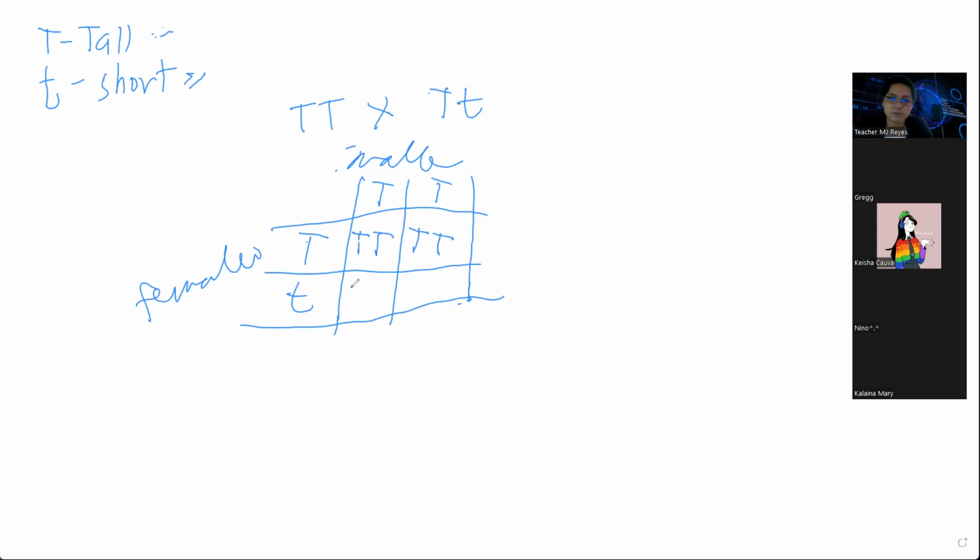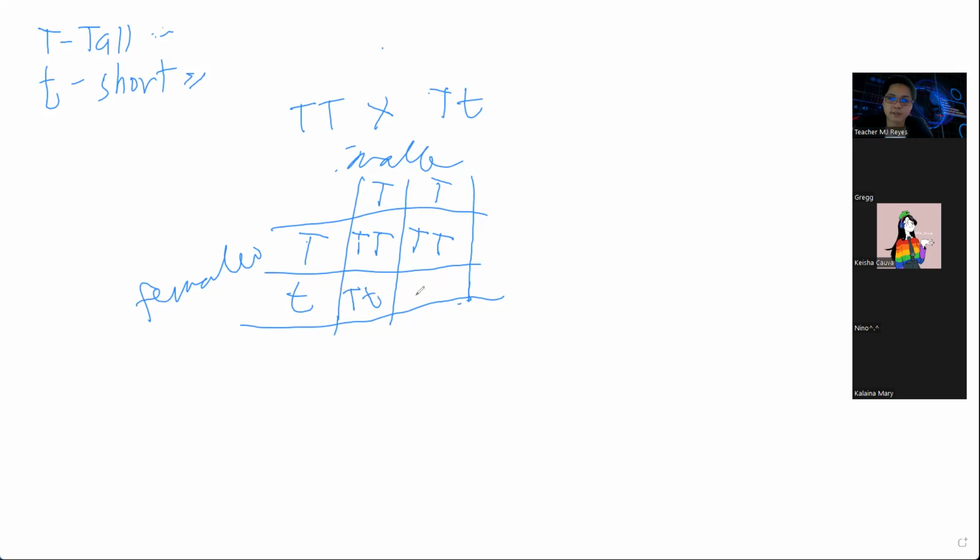How about in the next box, we have male contributed a dominant allele tall, and the female contributed a recessive allele short.